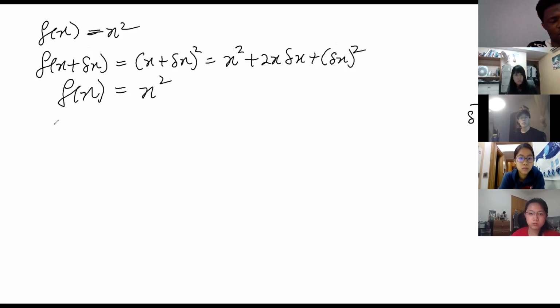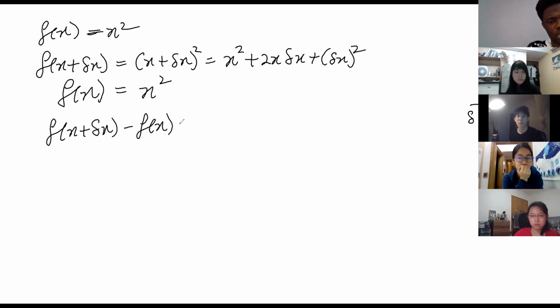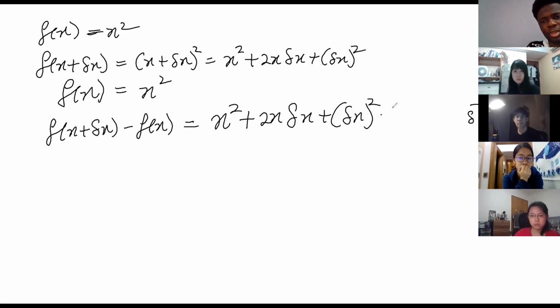If I subtract now, f of x plus delta x minus f of x, this is on the left hand side. On the right hand side is simply x squared plus 2x delta x plus delta x squared minus x squared. Do you agree? So this is your what? Delta what?